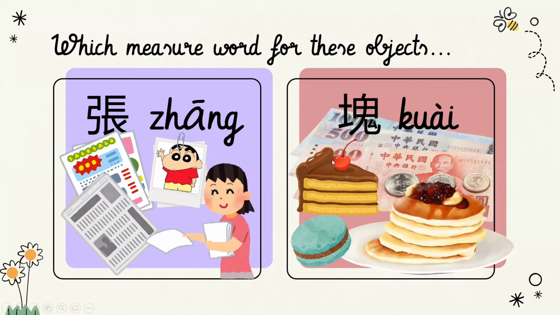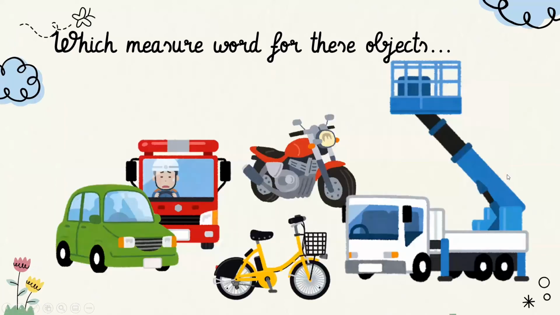And 一块蛋糕, 5块松饼, pancake. 一块马卡龙. Okay, we use 块. And then look at here. What measure word will we use for the vehicles? Car, fire truck, motorbike, bicycle, even a train, right? We will use 量.